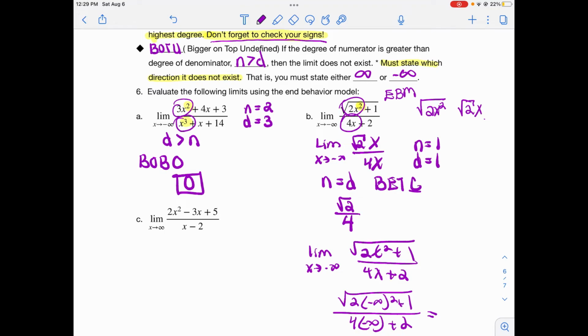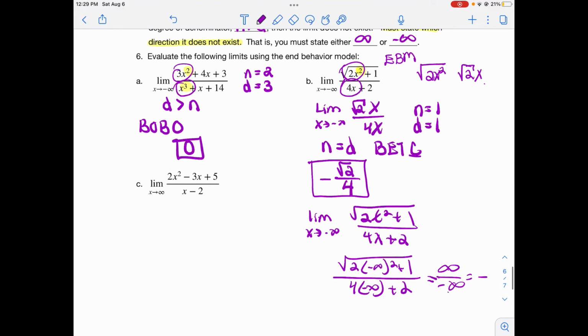Negative infinity squared becomes positive, times 2 plus 1 is still infinity, and the square root of infinity is still infinity. And 4 times negative infinity is negative infinity, plus 2 is still negative infinity. So positive divided by negative is negative. My answer is negative the square root of 2 over 4 for that method.